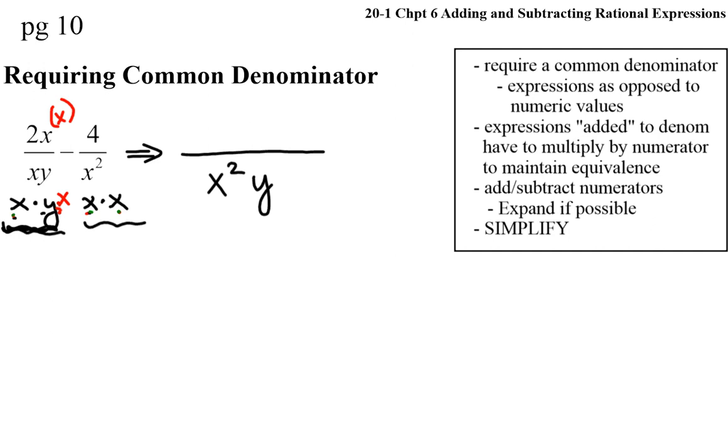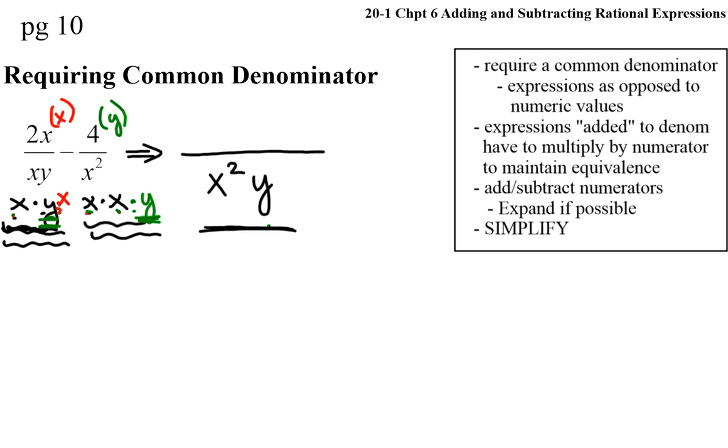That had an extra x, but this doesn't have the y. So we need to multiply by a y to make sure it has the y that the other denominator has. If I'm going to multiply by y in my denominator, I need to multiply by y in the numerator to keep it equivalent. And so now I have two x's and a y, two x's and a y, so my common denominator is x squared y.